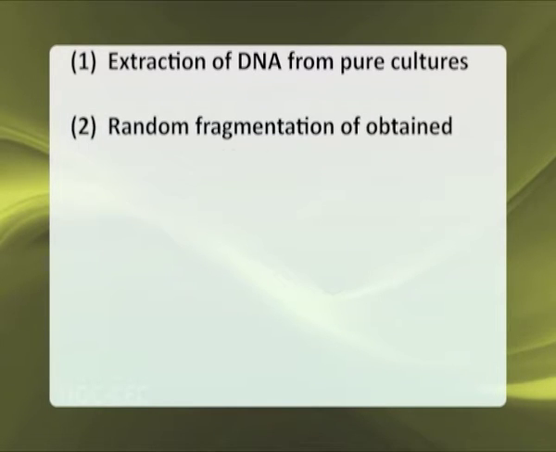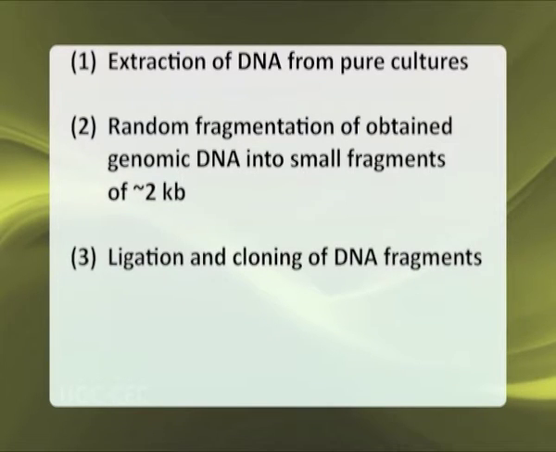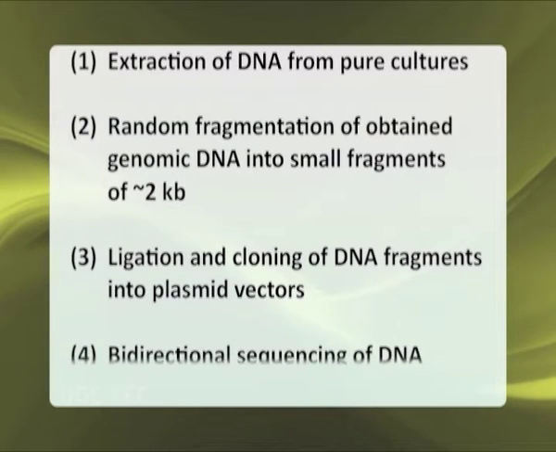Whole microbial genomes are sequenced using a shotgun cloning method that involves, firstly, extraction of DNA from pure cultures, secondly, random fragmentation of obtained genomic DNA into small fragments of approximately 2 kb, and thirdly, ligation and cloning of DNA fragments into plasmid vectors, and lastly, bidirectional sequencing of DNA fragments.